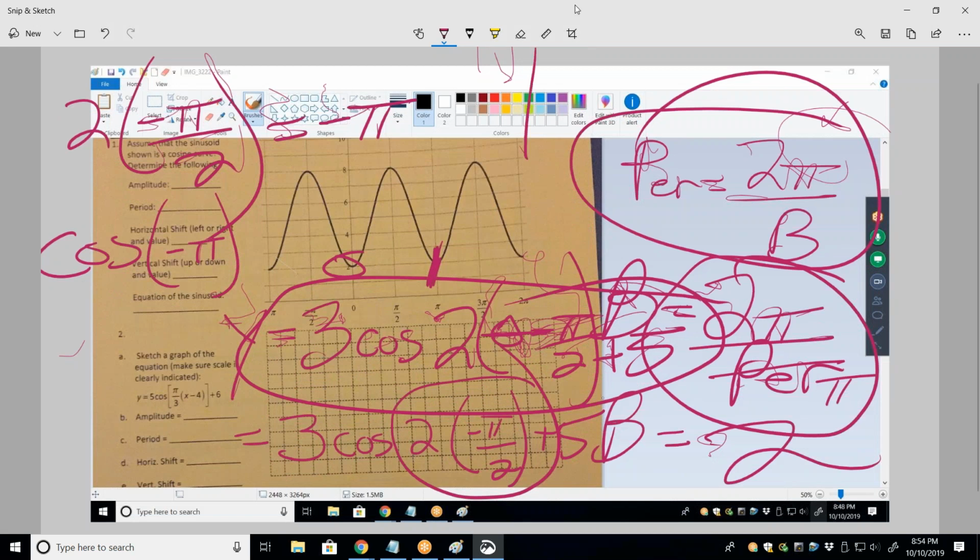Here's the cosine curve. Starts at 1, goes like that. That's pi right there. So what's the cosine of pi? What's this point right there?